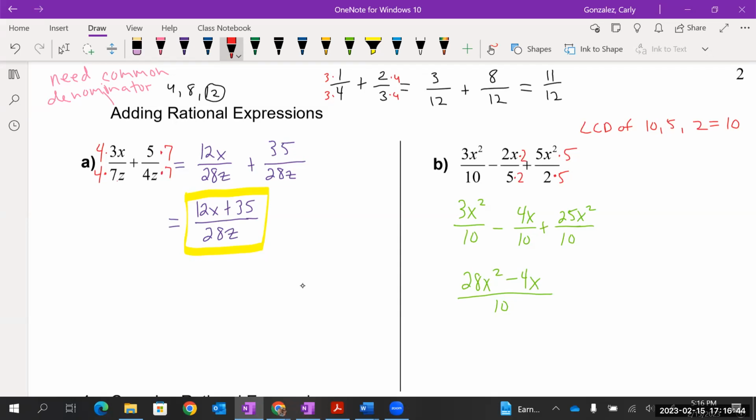So we'll divide all of these 3 quantities by 2. 28 divided by 2 is 14, 4 divided by 2 is 2, and 10 divided by 2 is 5. And so I'll put that off to the side. So we should get 14x squared minus 2x all over 5. All right, so that's one option to do it that way.